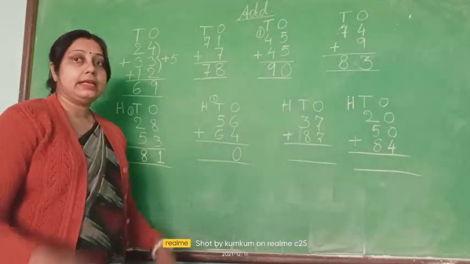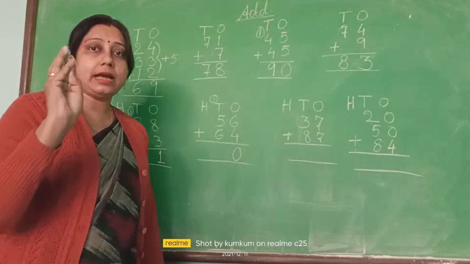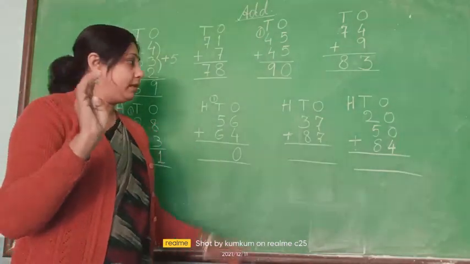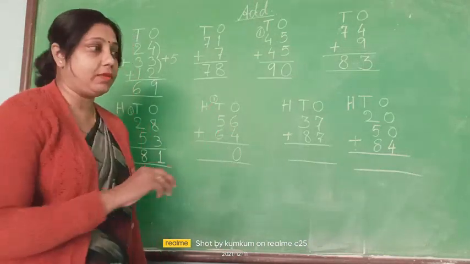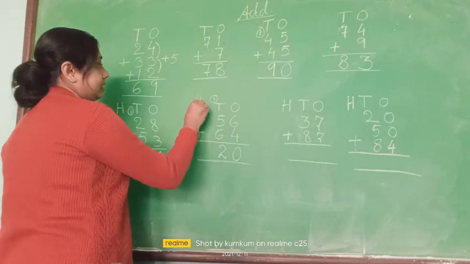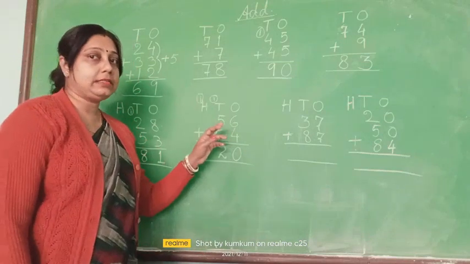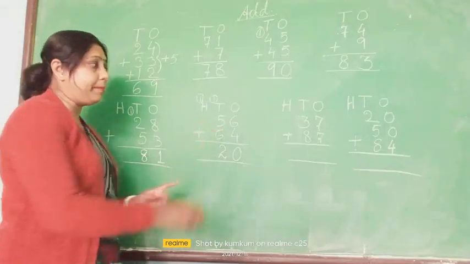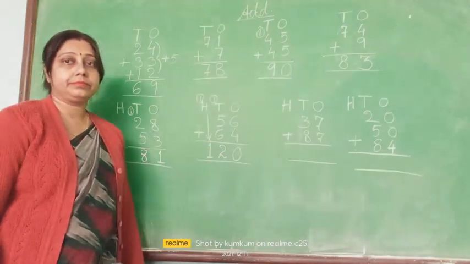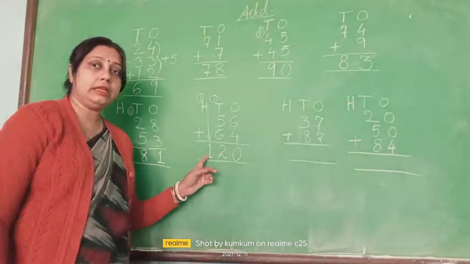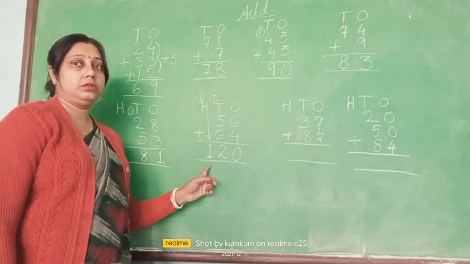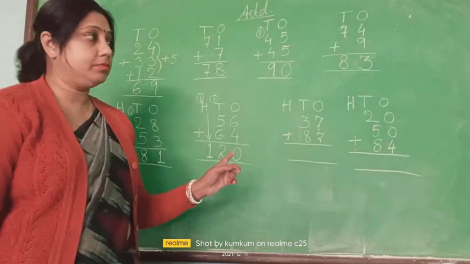So after 6, 7, 8, 9, 10, 11. 11 and 1 in hand, that means 12. So we are going to write here 12, 2 and 1 will be carried in the hundreds house. See, in hundreds house no number is there. So that means this 1 will come down in the hundreds column. Did you understand, children? You will not put the arrow, you will bring down this 1 in the hundreds house. So these are the way to write down.